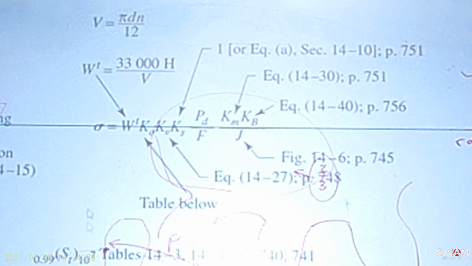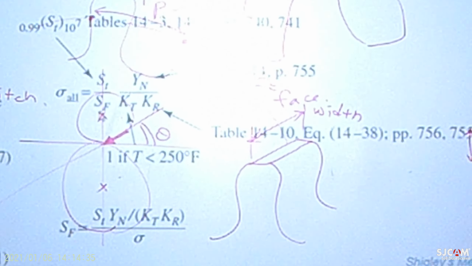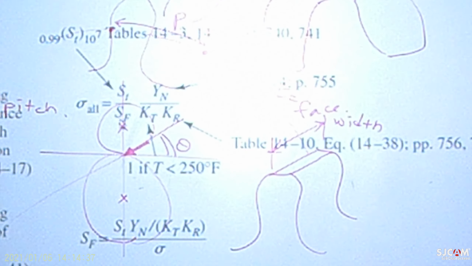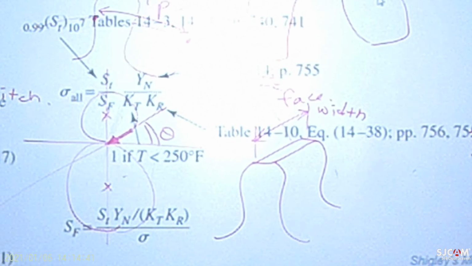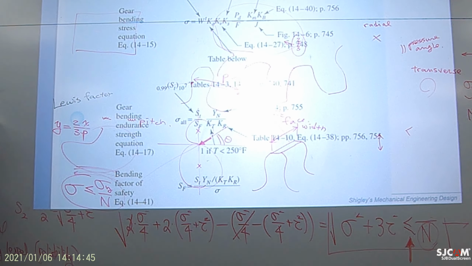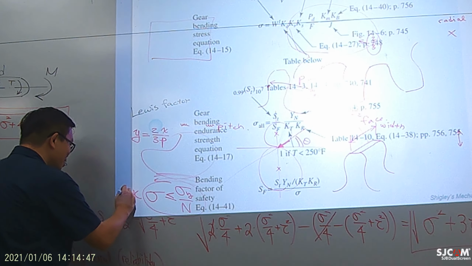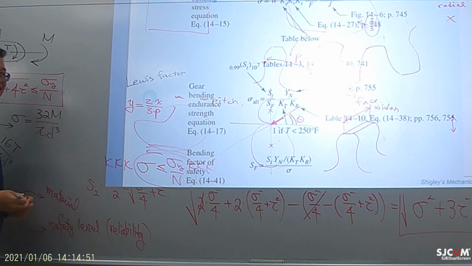The stress must be smaller than this value. Over here, SF is basically the safety factor, and some other coefficients. So at the end, it's still the same equation, but with a bunch of K's.